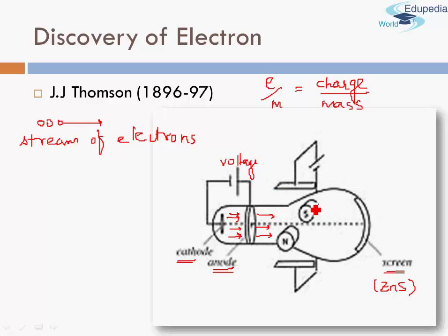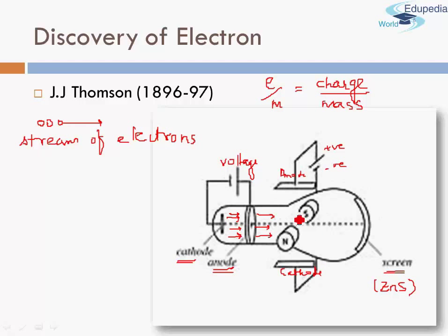In this section, first he applied an electric field here. This is the positive end and this is the negative end. So this is anode here, and this is cathode.